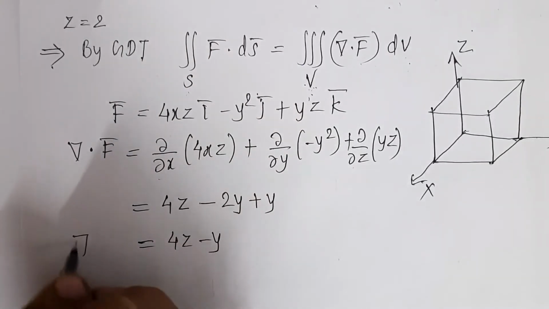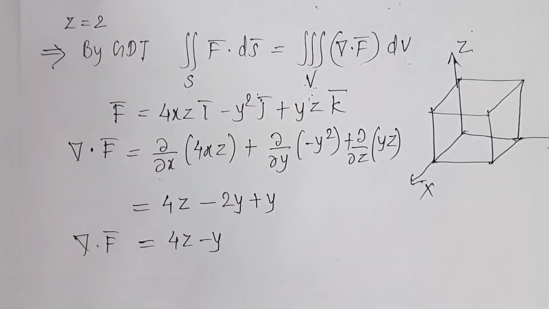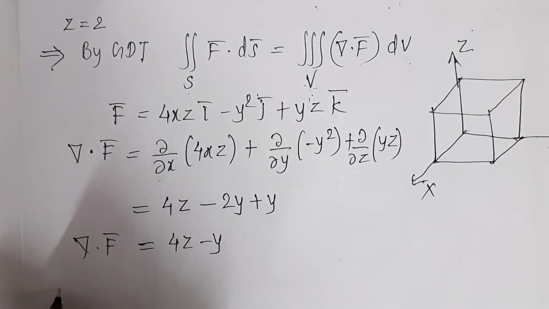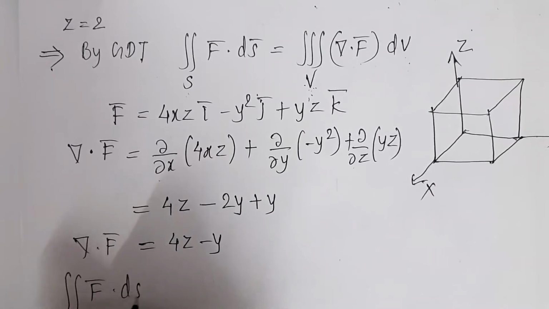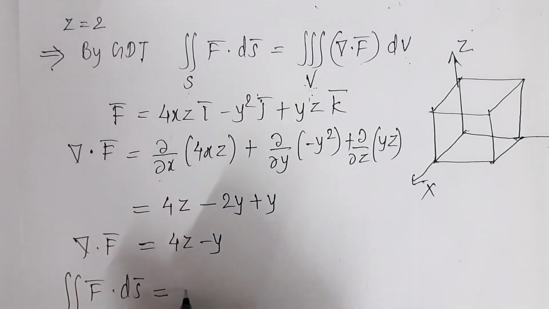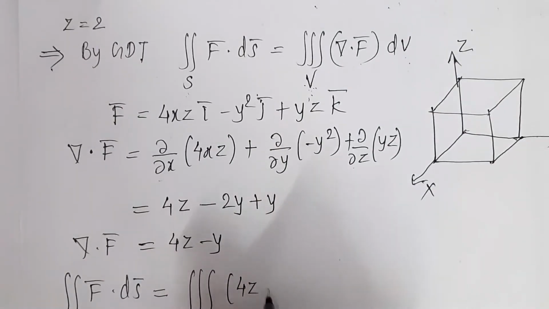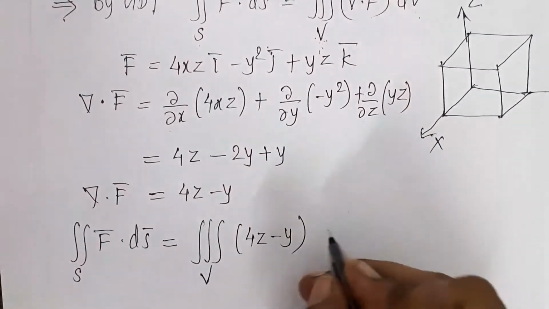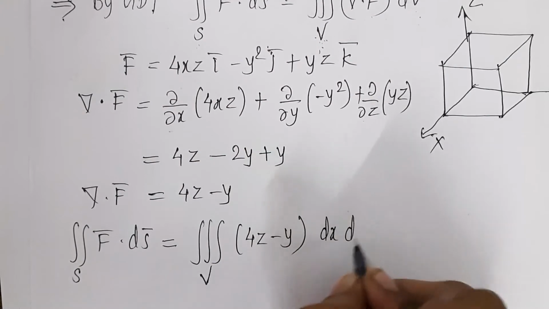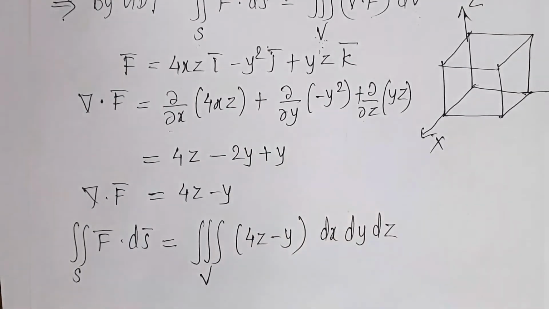So we got del dot f equal to 4z minus y. By using the Gauss divergence theorem, the double integral over S of f dot ds is equal to the triple integral over V of 4z minus y multiplied by dv, and dv is nothing but dx dy dz.